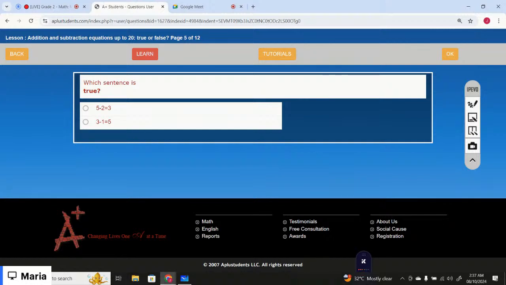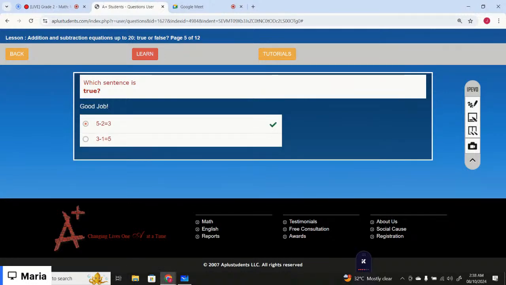Which sentence is true? Which is the correct option? The correct option is that is 5 take away 2 is 3.